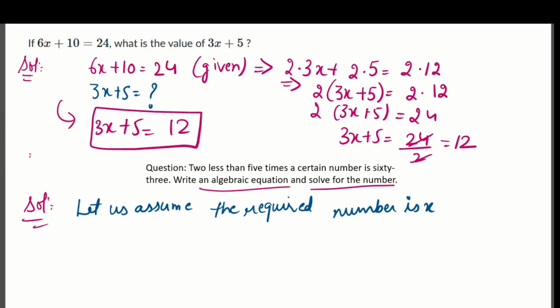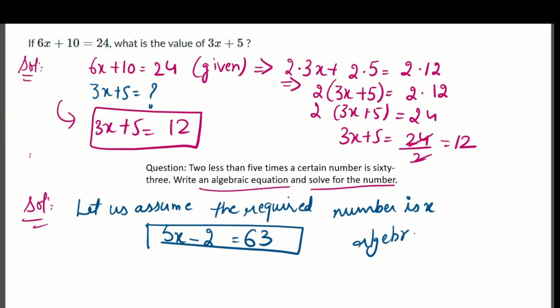Then what is the statement that is given? 2 less than 5 times a certain number is 63. The certain number is x. So 5 times a certain number minus 2, since it is 2 less than, is 63. This is the required algebraic equation that they are asking.